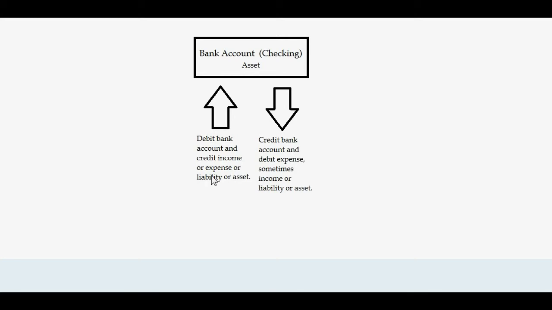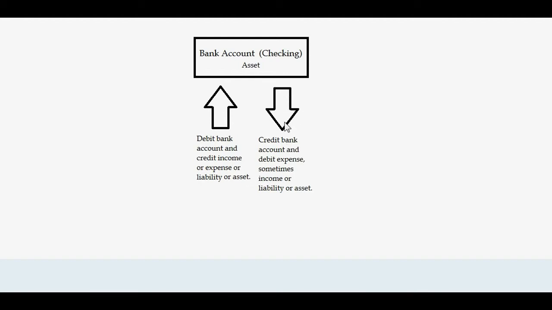After you debit a bank when money goes in, you might actually credit a liability, meaning you got money and you owe it back somewhere else, and you want to track that liability. If money comes in and you debit the bank and you credit the asset, maybe you had money coming to you, and then you would credit the asset, moving it down.